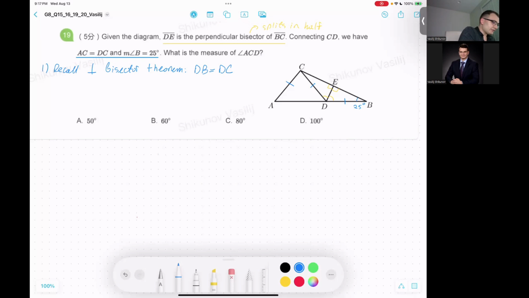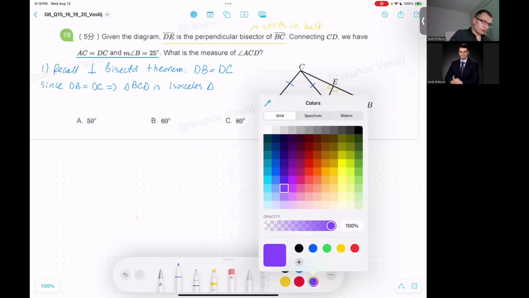And what does that give us? Since DB is equal to DC, that implies that triangle BCD is an isosceles triangle. Okay, perfect. So what does isosceles triangle mean?